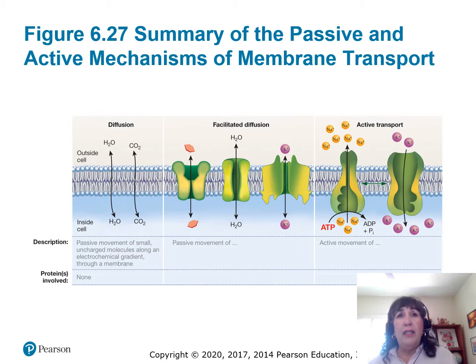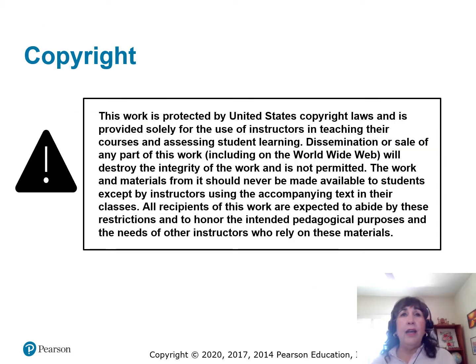We have facilitated diffusion to move large or charged molecules across a membrane. And then active transport requires energy in the form of ATP, which also begins with the letter A. And we're moving molecules against their concentration gradient. And this is the end of this chapter.